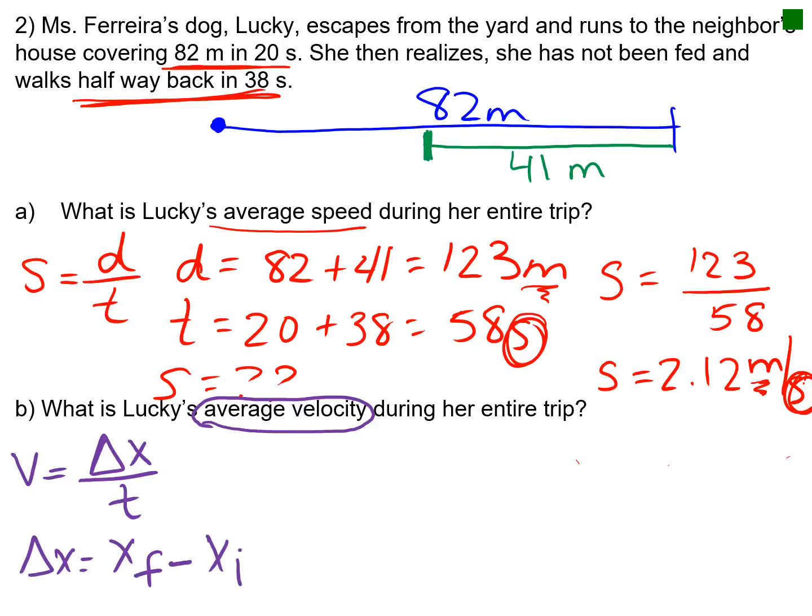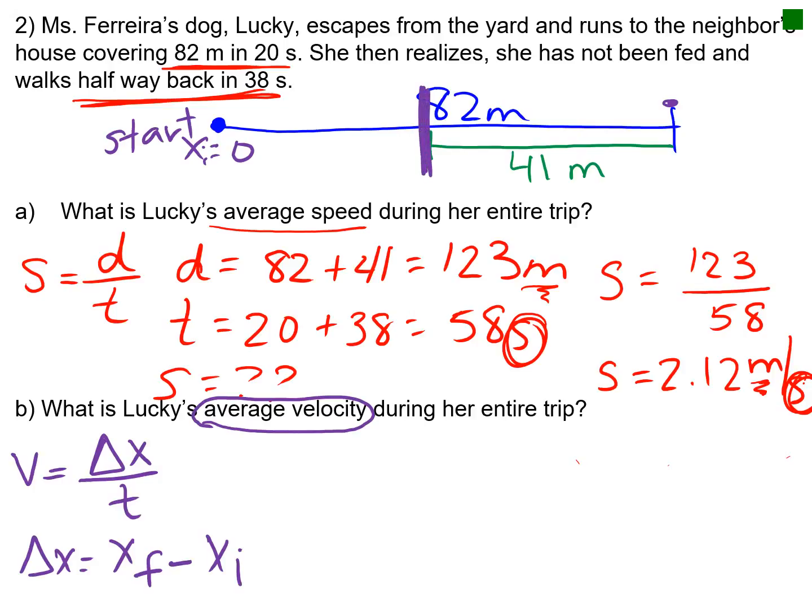Lucky started here at this blue dot, and from this blue dot all the way to this purple dot, she went 82 meters. So her starting position had to have been at 0. Xi is 0.